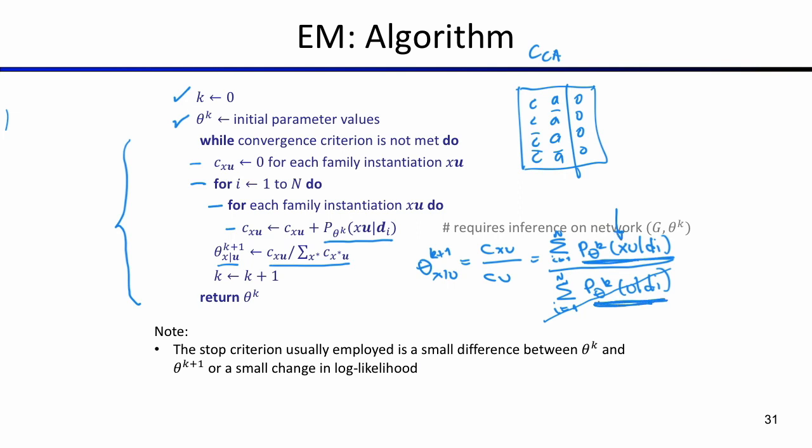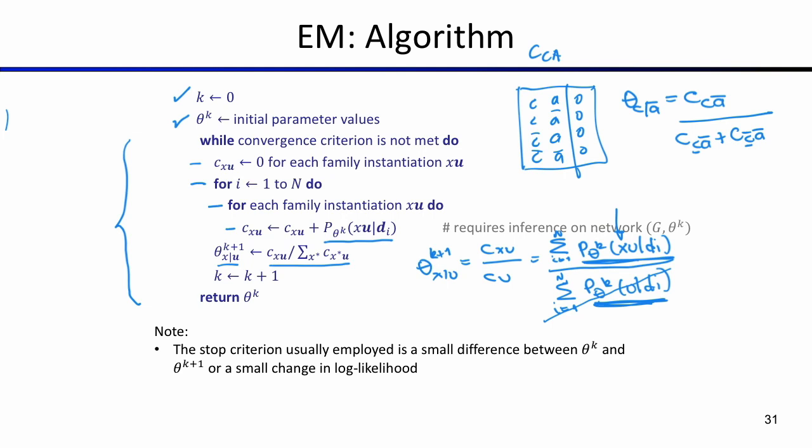To make one concrete example, we were computing the probability of C given not A. I can compute this by using the counter for C and not A, divided by the counter for C and not A plus the counter for not C and not A. So we are summing over all possible values of C.